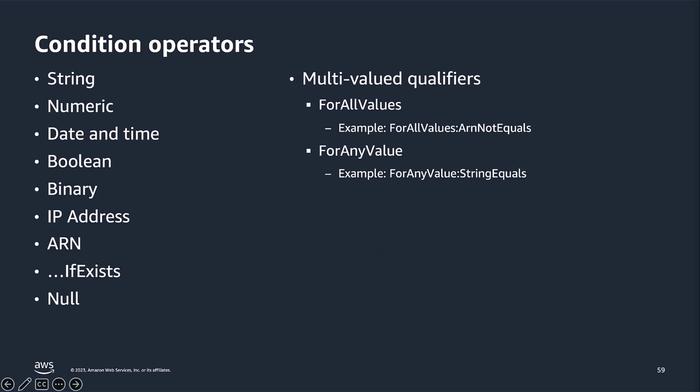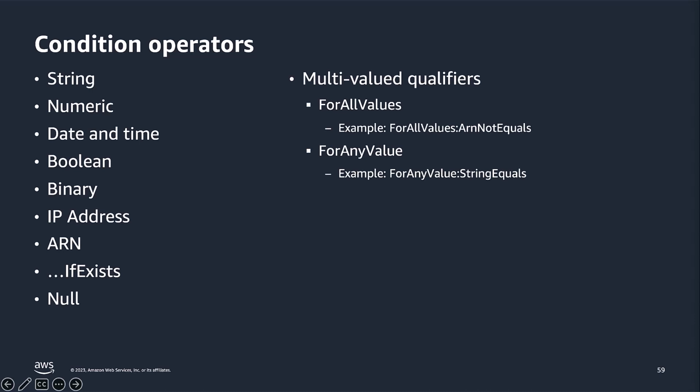There are a number of different condition operators, and which condition operator to use depends on the type that the value has in the authorization context. You can also use different suffixes on an operator, such as equals and like, to do exact matching and wildcard matching respectively. You can also add not to many of these operators to invert them. We will dive deeper into many of these operators later in this series.